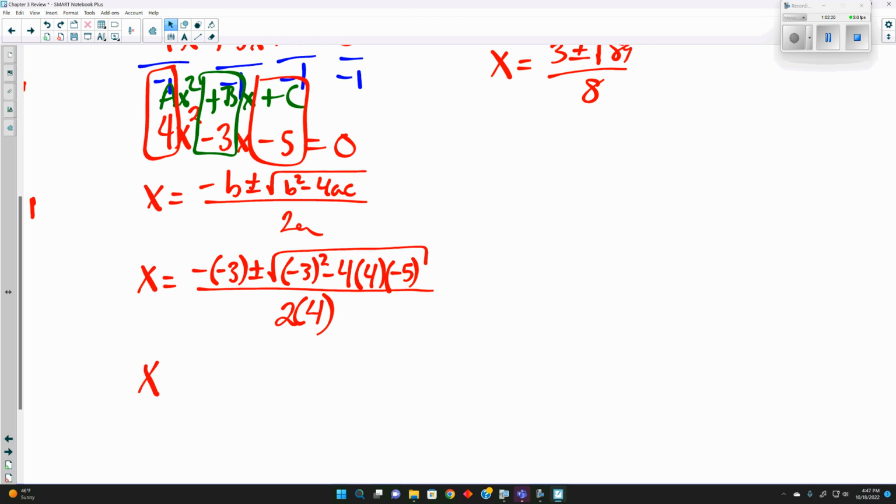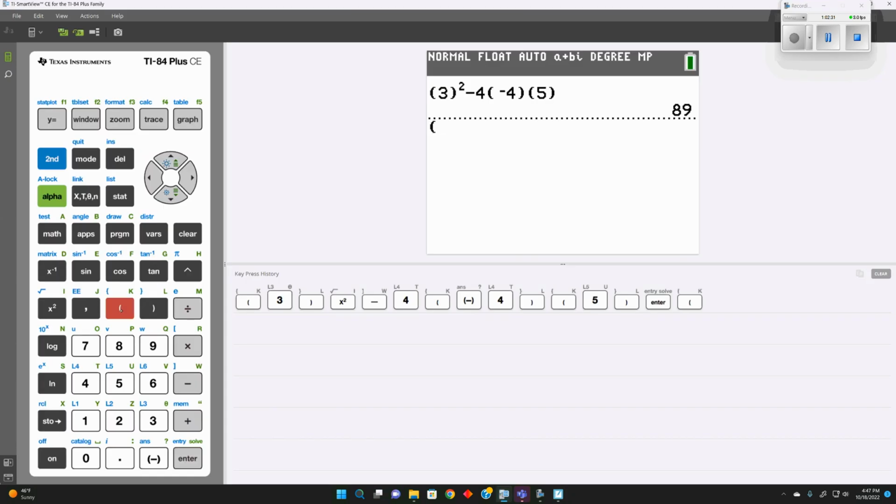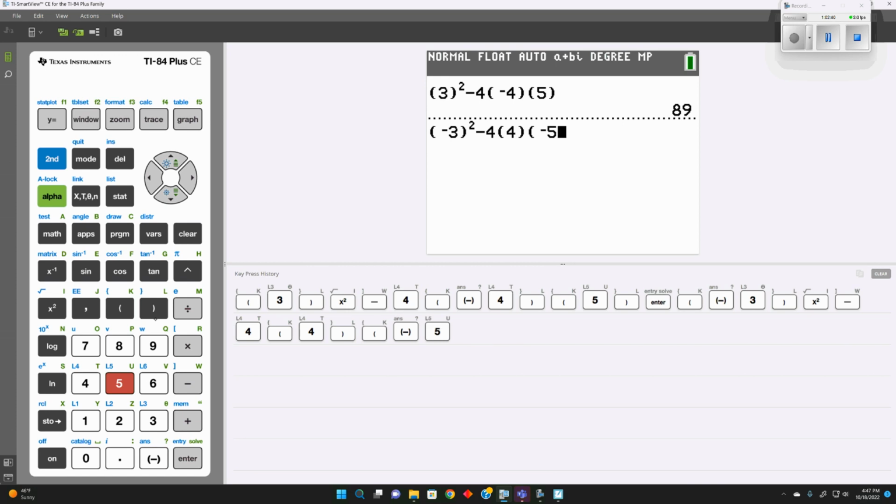So if we simplify it, well, negative, negative 3, negative, negative makes positive. 2 times 4 is 8. And if we plug this in, again, I wouldn't plug it in with the radical. I'd say negative 3 squared minus 4 times 4 times negative 5.